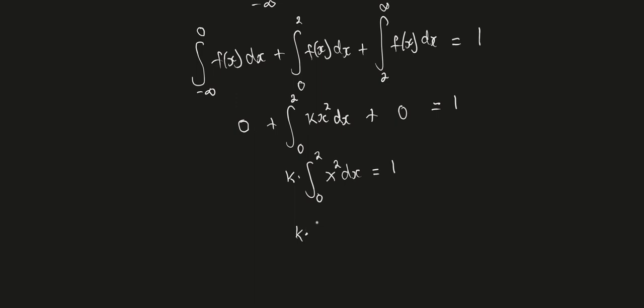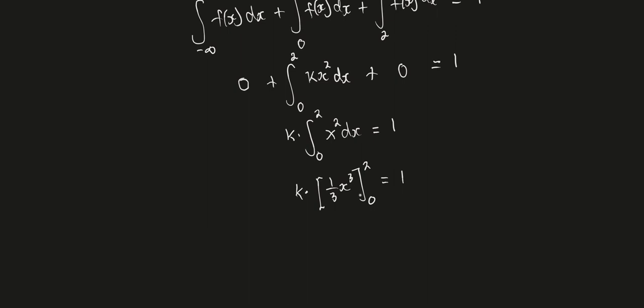So k times 1/3 x cubed going from 0 to 2, right? And we still have to show all our antiderivative. It's part of our procedure. The fundamental theorem of calculus is part of the procedure.